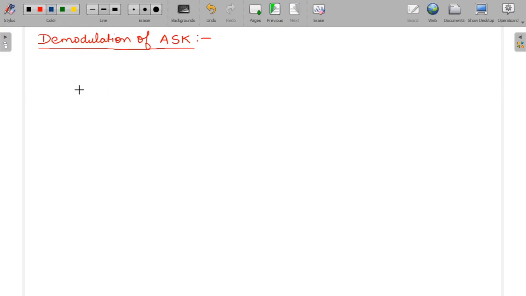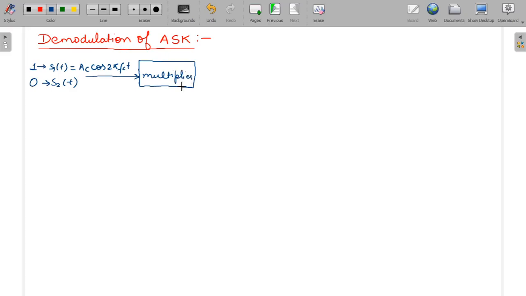So what we do, see, we got our signal for 1 as s1(t), that is equal to Ac cos 2 pi fc t, and for 0 as, let's suppose, s2(t). Now we will give this to a multiplier.